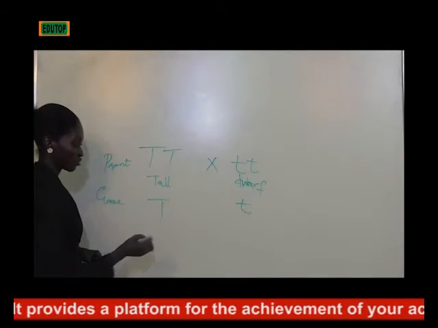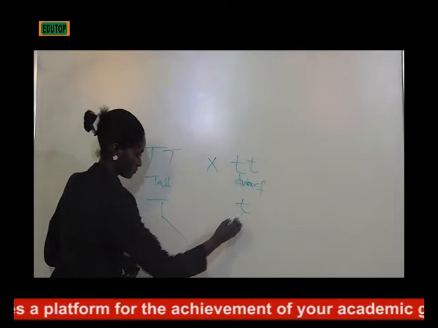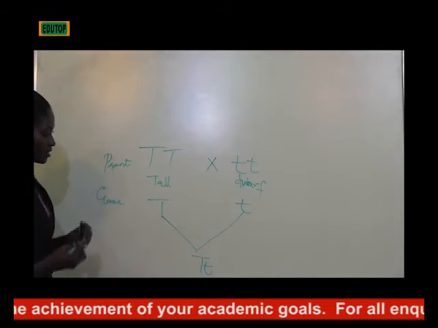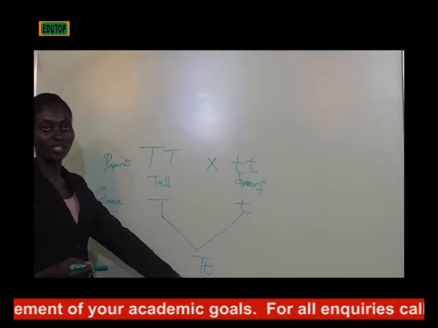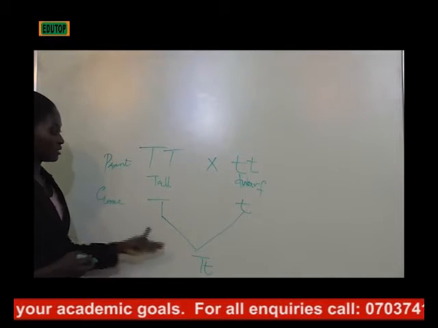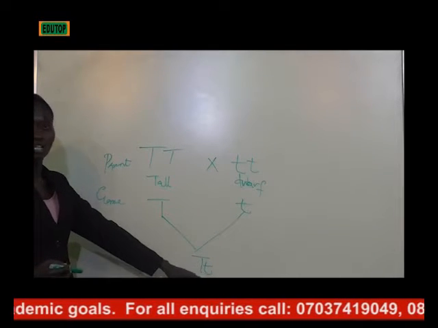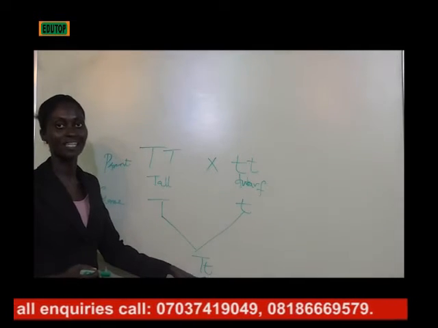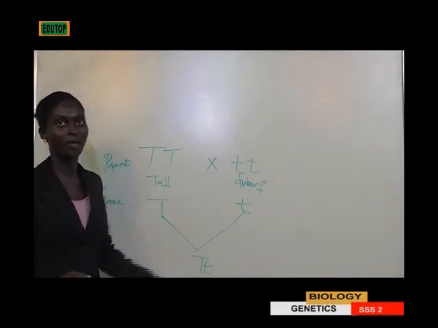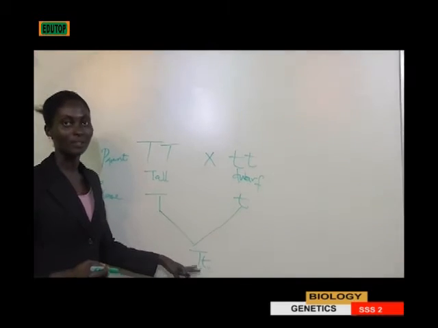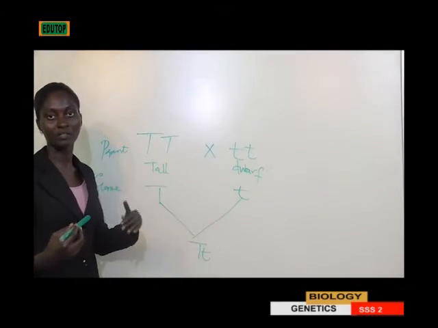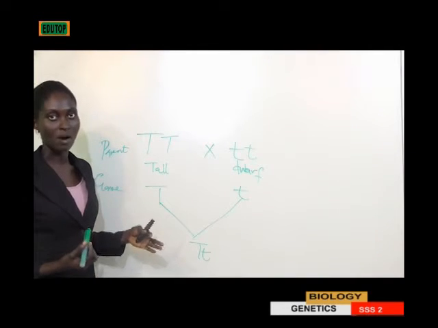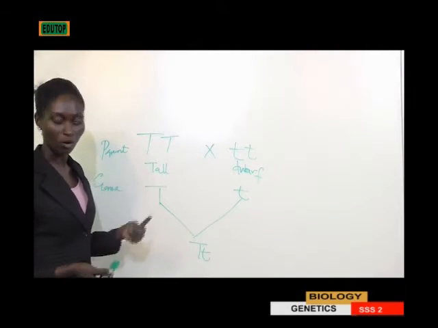So by the time you cross them, you have a tall plant, even though this result is a combination of the tall and dwarf when you look at the gene, because this is represented as the genotype. But when you look at the phenotype, that is the physical appearance, the phenotype is the physical appearance of a particular plant or animal, while the genotype is the genetic makeup.